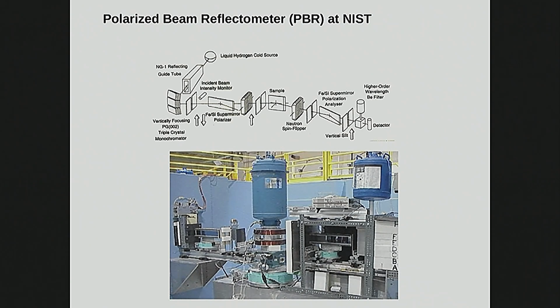So here's a typical instrument. This is the reflectometer at NIST. And this actual picture is represented by the schematic at top. The beam comes in from a cold source down a guide tube, is monochromated here with pyrolytic graphite, and then there's a pair of slits that define the beam. Actually, I should have shown this in the first talk.